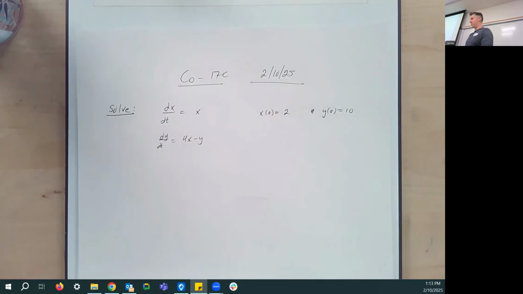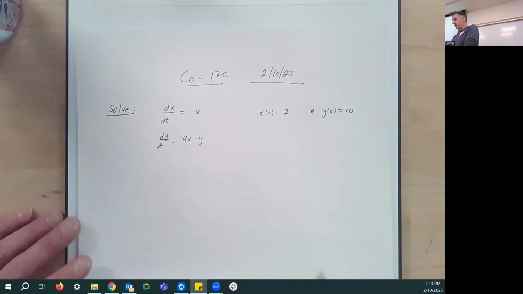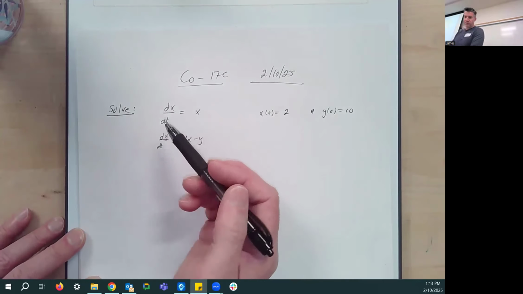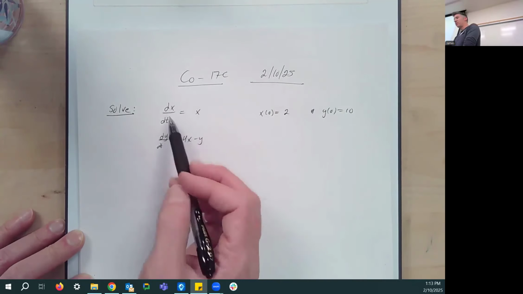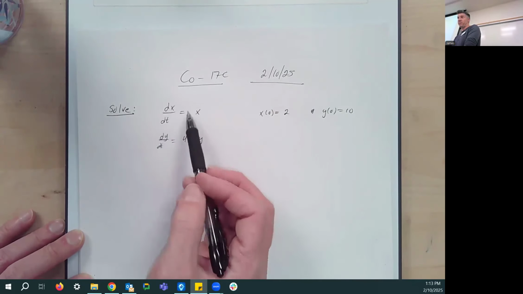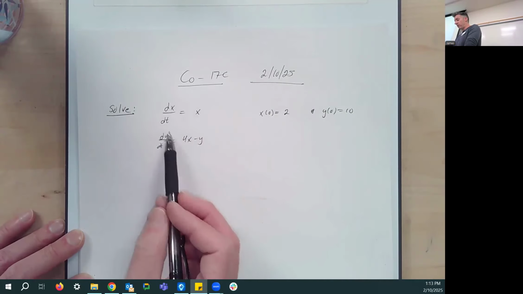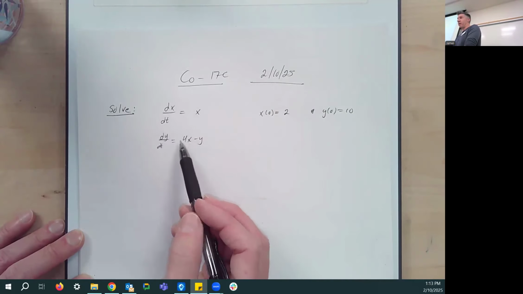As a point of interest, I'm just going to read some words here that are not super important. This type of differential equation models what's called commensalism, where one species benefits from the other but causes no harm to it. So the rate of change of x only depends on the x stuff, whereas the rate of change of y depends both on x and y.